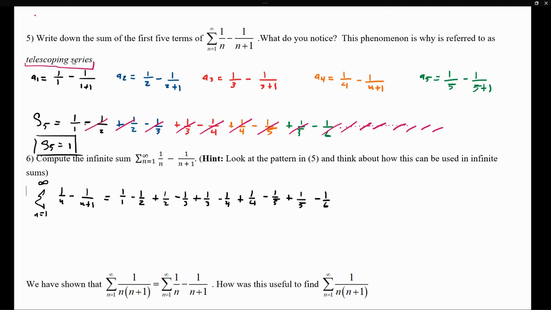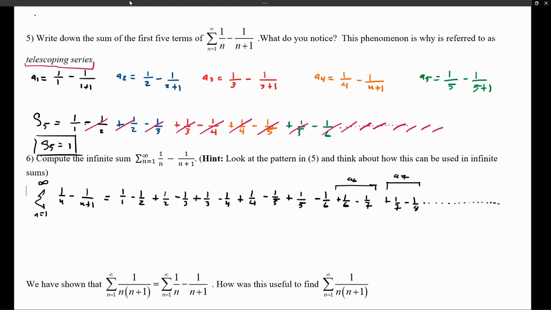And if we would have computed all this, then the sixth term would have been something along the lines of 1/6 minus 1/7. And if I would have added the seventh term, it would have been 1/7 minus 1/8. And it's going to continue infinitely. So now, is it possible for me to give a finite number to the summation of infinite terms in this series?